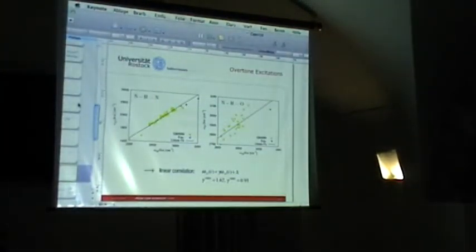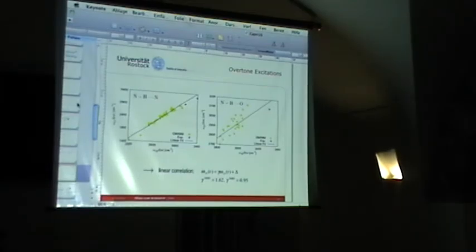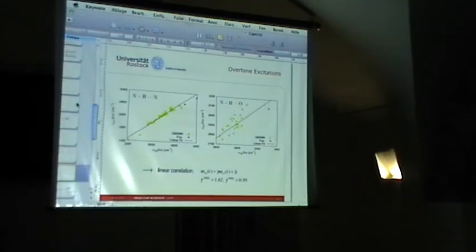Is there a simple reason why the scatter in the unsymmetrical case is larger? Okay. First of all, I should have pointed out that these are experimental points here, which we also use as fitting.